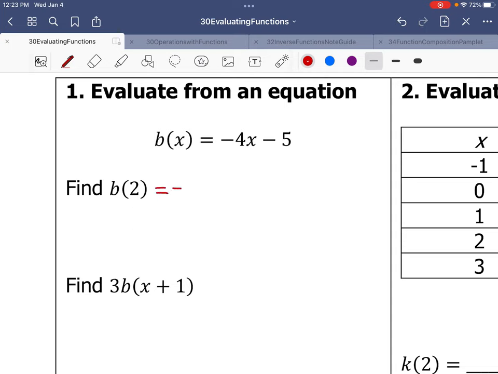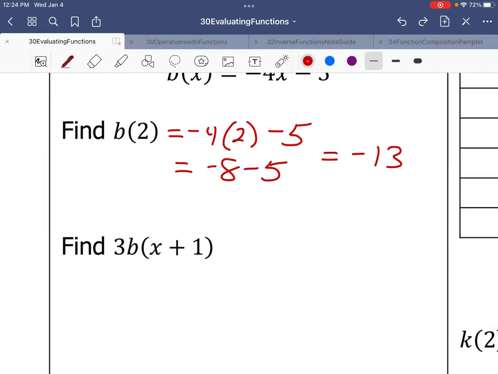So it's as easy as determining negative 4, plug in 2, and then subtract 5. So this should be negative 8 minus 5, which of course comes out to be negative 13. Negative 13 is the value of the function. It is the y value that you get when you have an x value of 2.